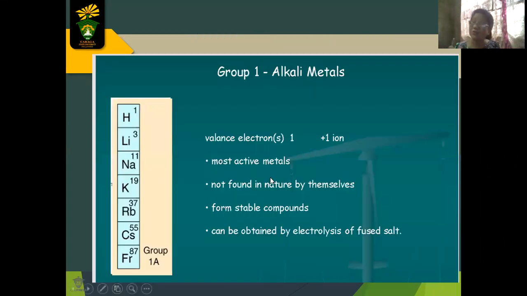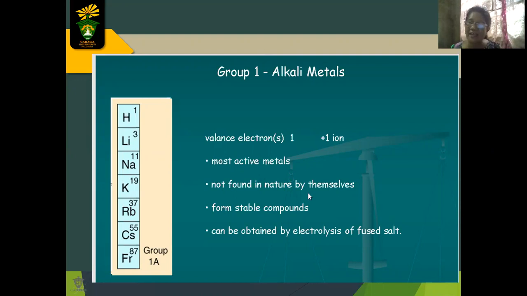Let us describe each of the groups. For instance, group 1A. What is the name of that? They are alkali metals. The distinguishing property is that it has a valence electron of 1, meaning its outermost shell has 1 electron, positive 1. This is the most active metal, meaning it reacts easily.